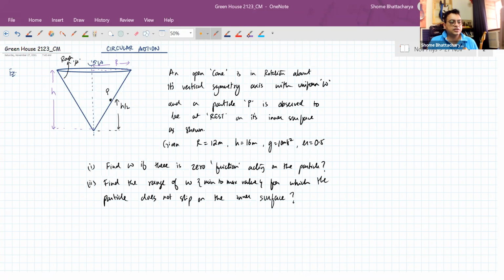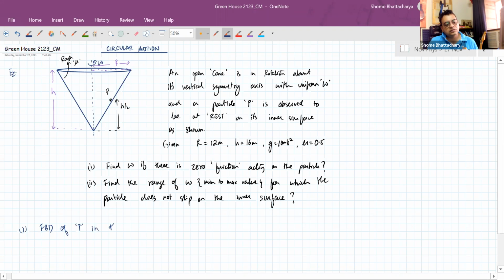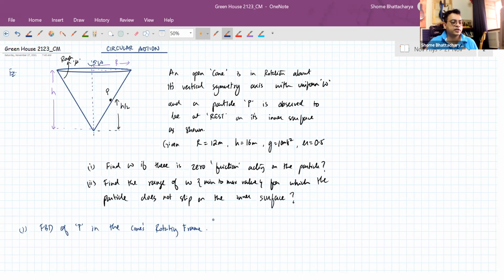So you start by making the free body diagram of that particle P in the cone's rotating frame. And in that free body diagram, now you show equilibrium of forces without the need for friction to act.